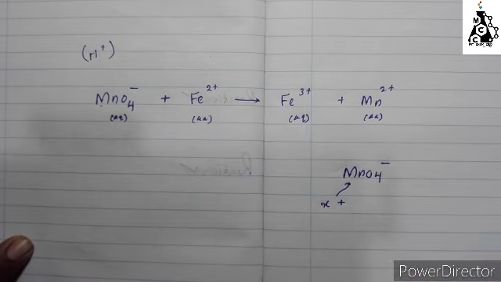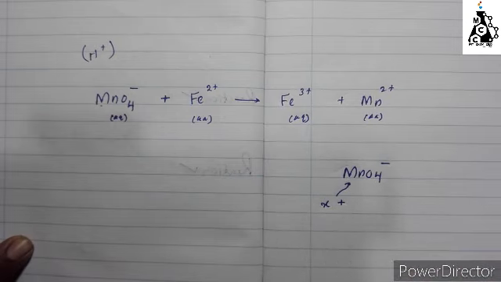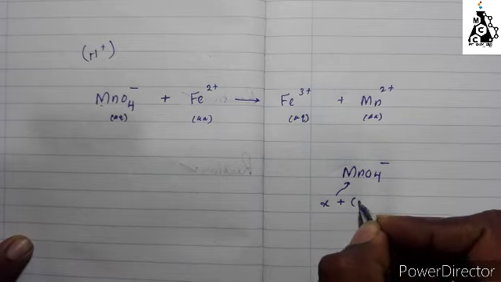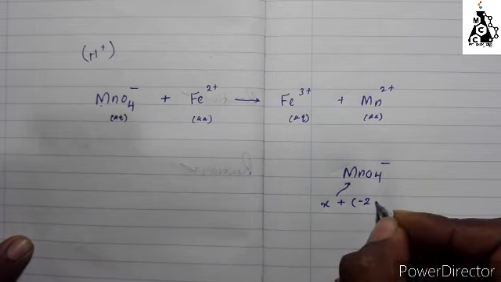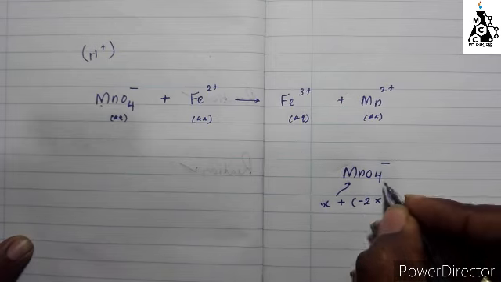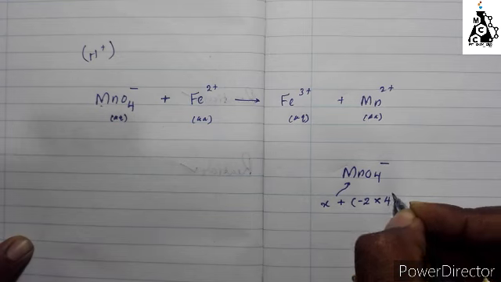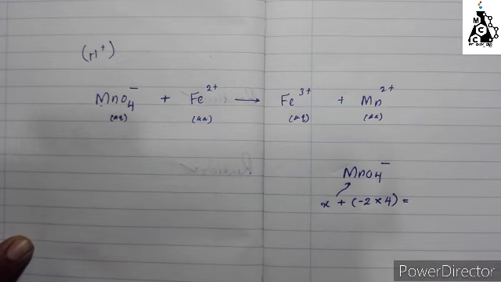Plus, what is the oxidation number of oxygen here? The oxidation number of oxygen is -2. They have 4 oxygens. Because of that, you have to multiply -2 by 4. It equals the charge of this ion.